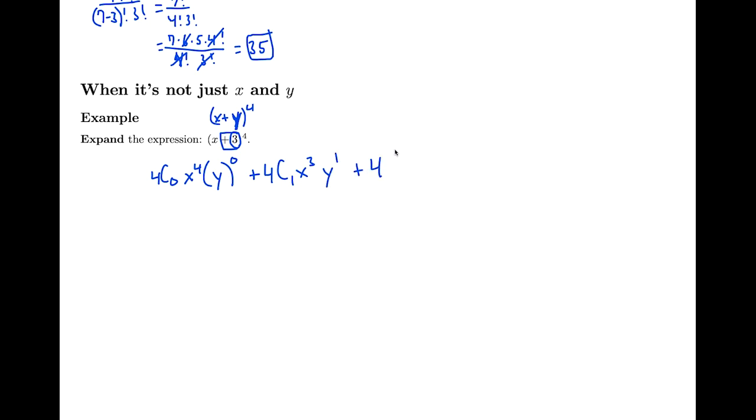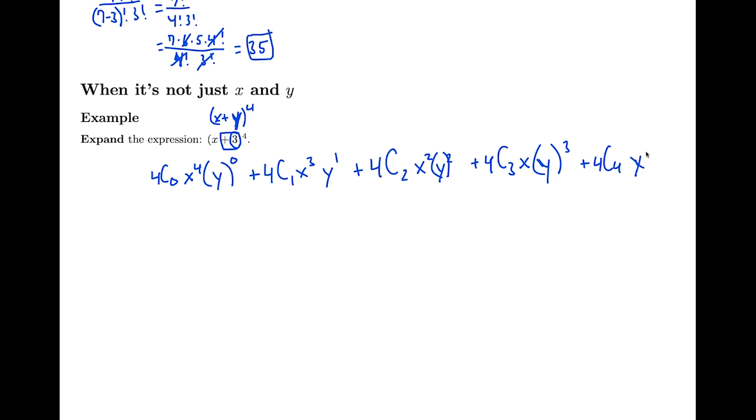And then 4 choose 2, x squared, y squared, and let's put that in brackets. And then we have 4 choose 3, just 1 x now, and then this y is cubed. And then finally, it's all y's. So x to the 0, but I'm not going to write it.